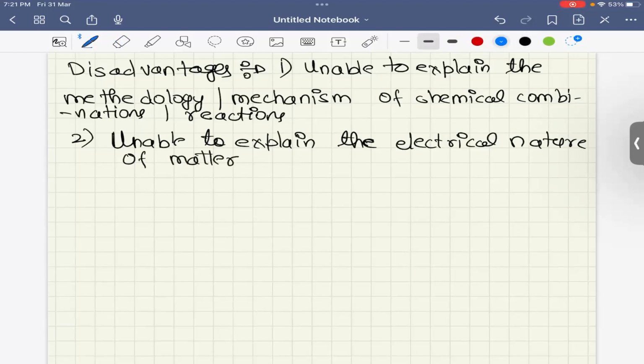Even before Dalton came, it was well established that when a glass or ebonite rod is rubbed with silk or fur, it generates electricity.